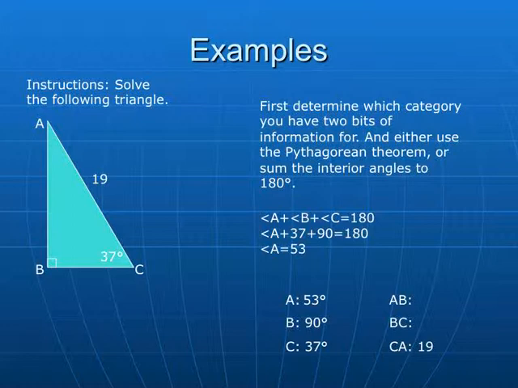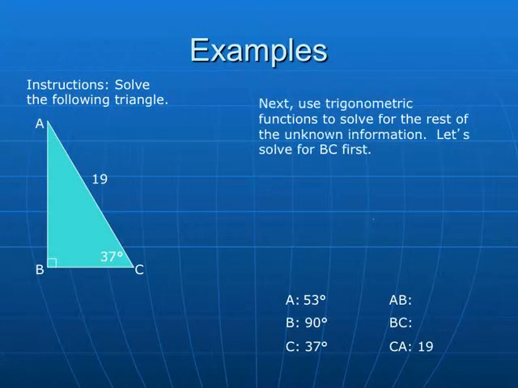So we're done cheating now, and I'm just going to choose to solve for BC first. First tip: never use a number that you've calculated to calculate another number. We calculated 53, so I'm not going to use 53 because 53 could be wrong. That's a bad start.